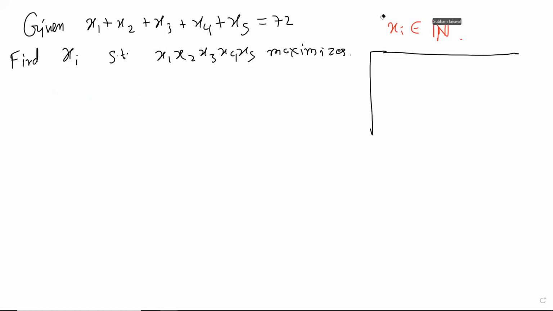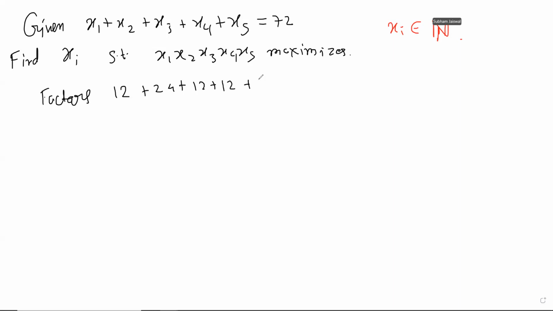Let's see. Okay, Ishana, what have you tried? Okay, 12 plus 24 plus 12 plus 12 plus 12. That's similar to what Unab was maybe saying about factors.